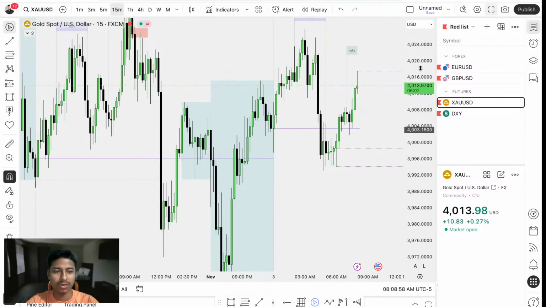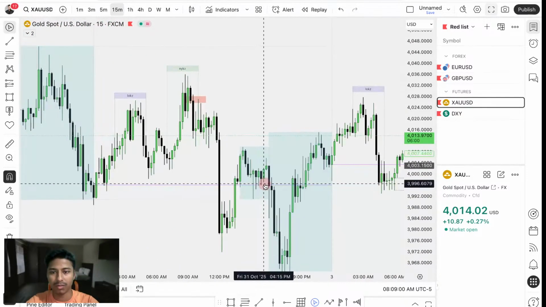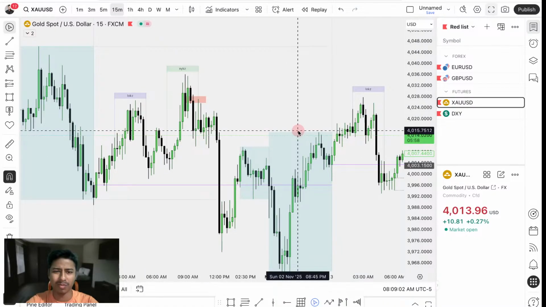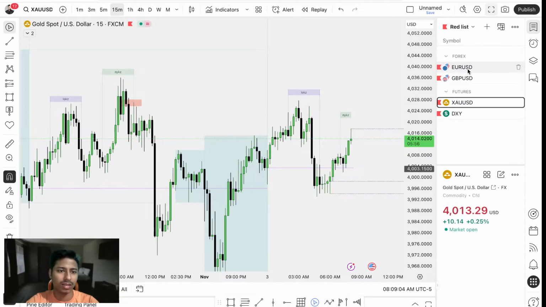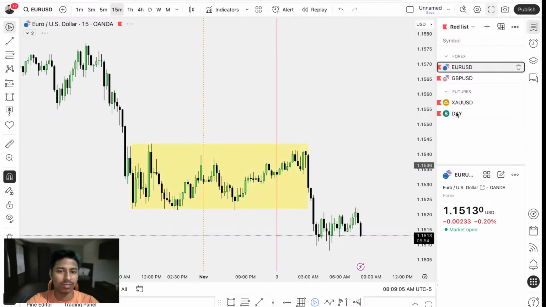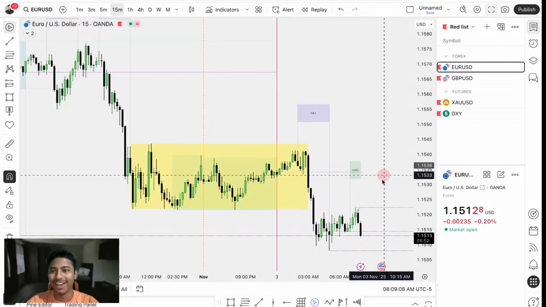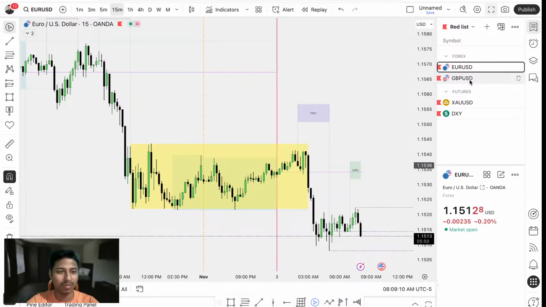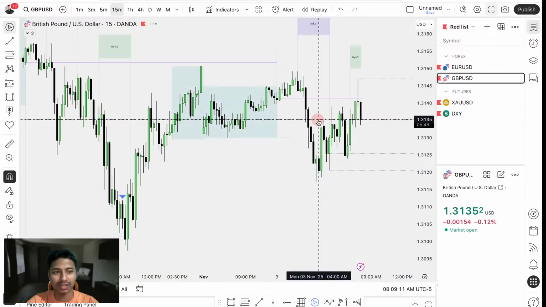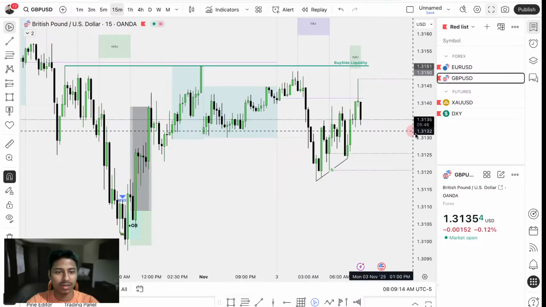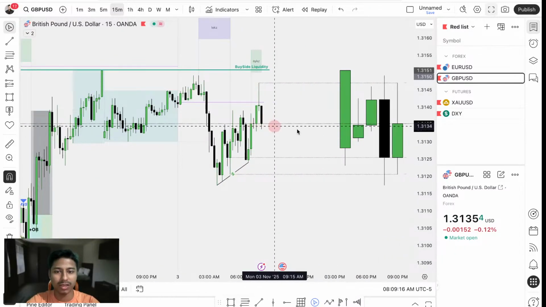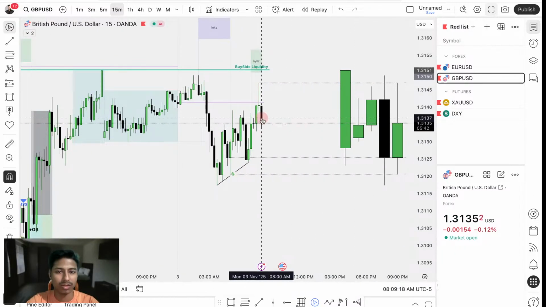But I'm not sure about the gold. Honestly, I'm not trading it for many months. Forex is much better, at least for me. My setup works so much better on Forex. So we will wait a little bit more to close this 15 minute candle.